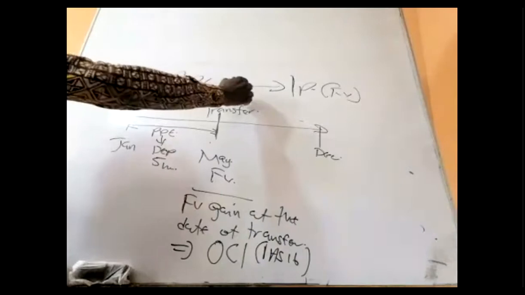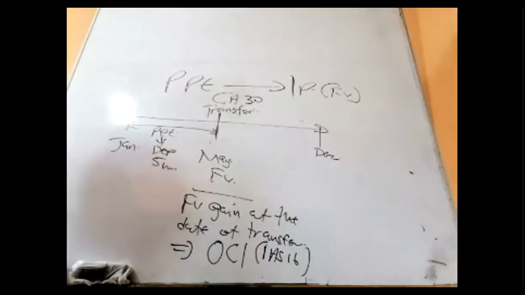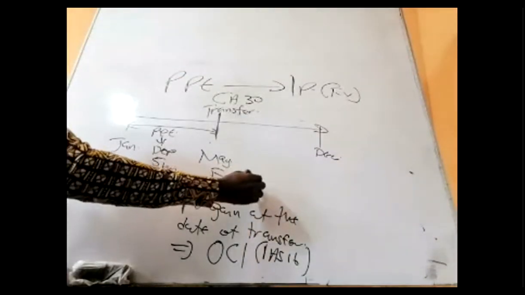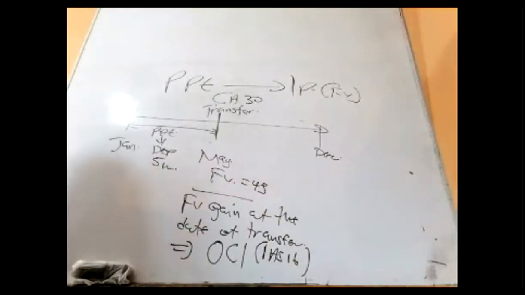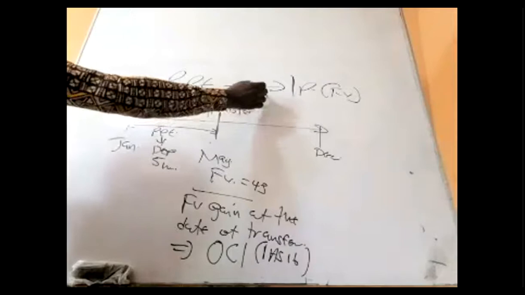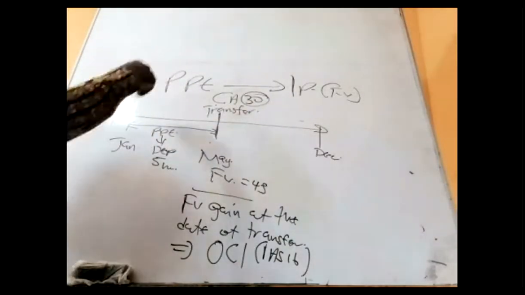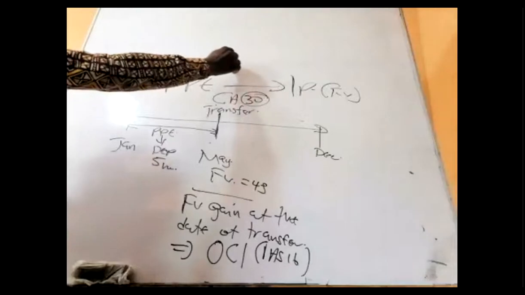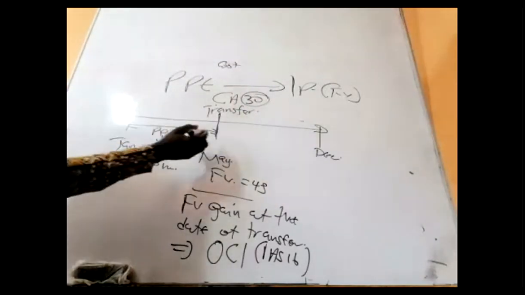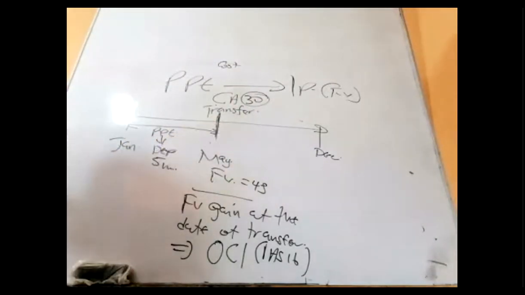Let's say the carrying value is 30 and the fair value is 45. So there's a gain of 15 that must go to OCI. Now, how do you calculate this carrying value? It is equal to the cost of the asset minus accumulated depreciation up to the date of the transfer. That is all, and we are done.